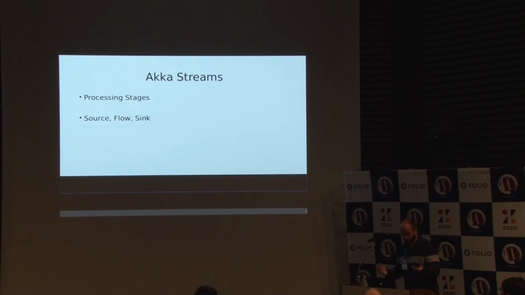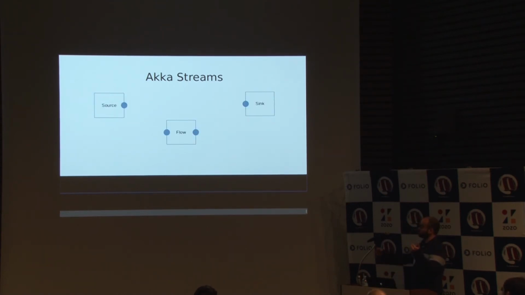Like the name suggests, a source is to read from somewhere, a flow to do some processing, and a sink to send it somewhere. You've got an output port, that means data comes out of that port. You've got an input port, data comes in, and then you connect those, and you get a workflow in Akka Streams.